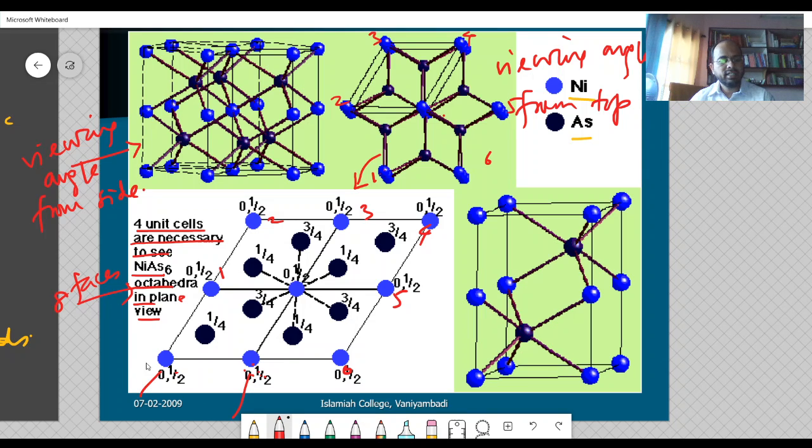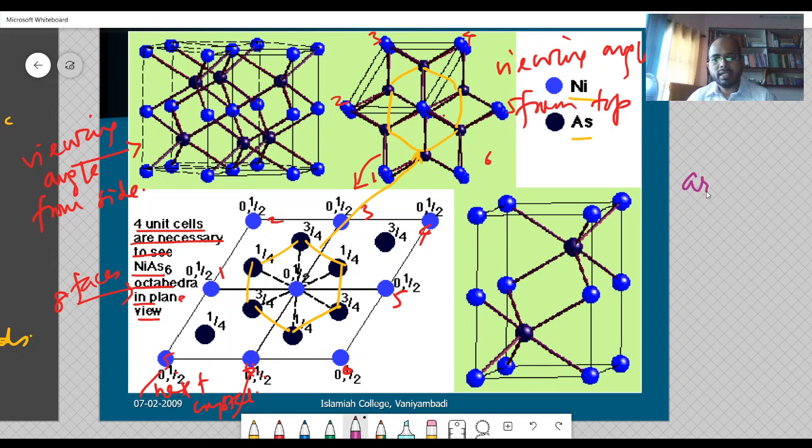It is extended. So this will be forming 5 and 6 of the next crystal. And this is 1, 2, 3, 4, 5, 6. You see this? This is the same.